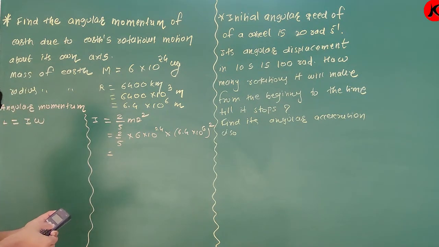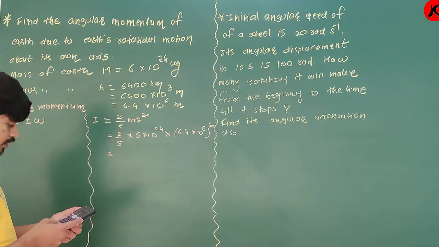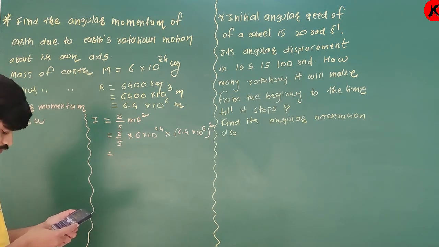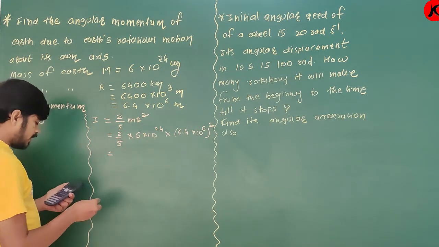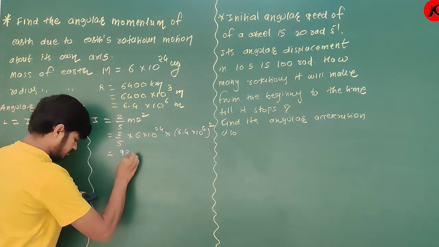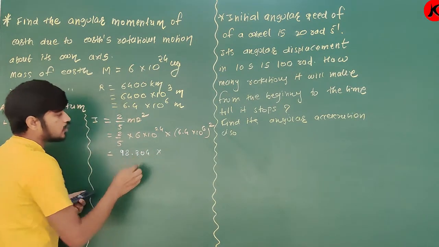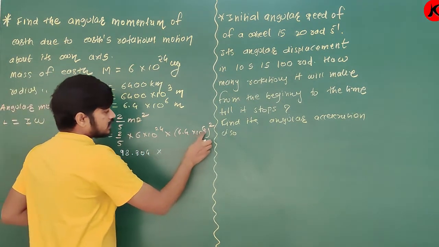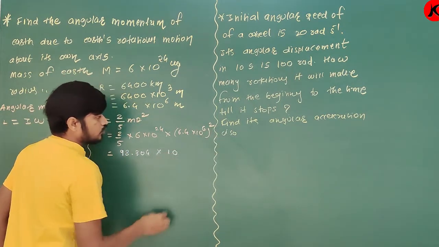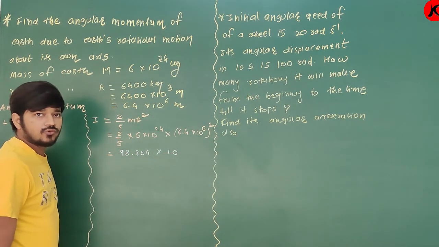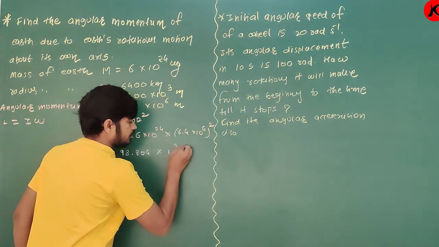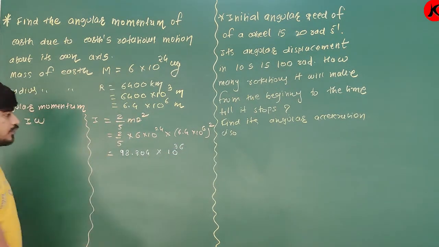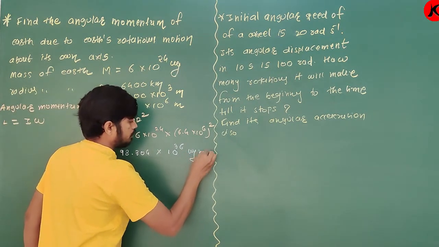Yes, 98.304, so I am right. And for the power, 10 raised to 24, and 6 into 2 is 12, so it is 10 raised to 24 plus 12, which is 36. Clear? So it is in kg meter square.